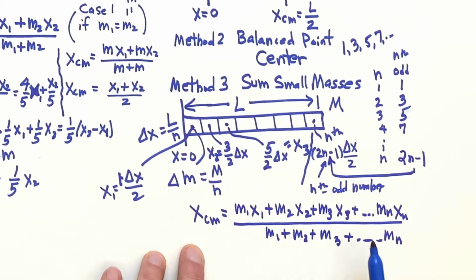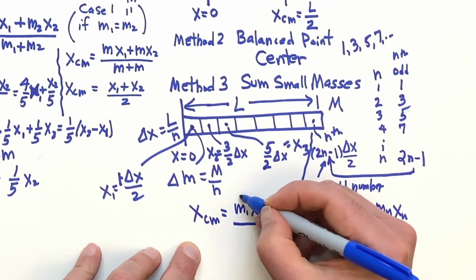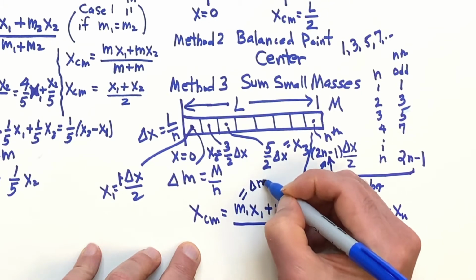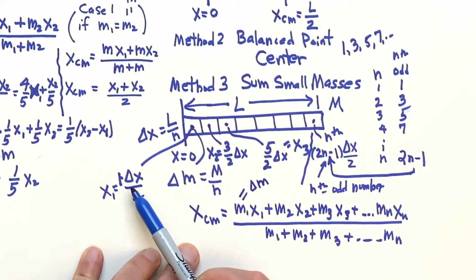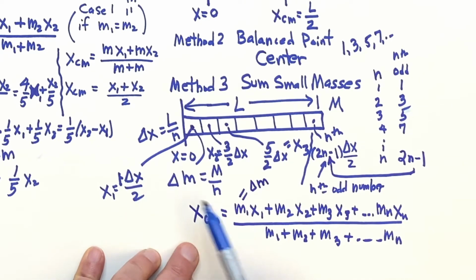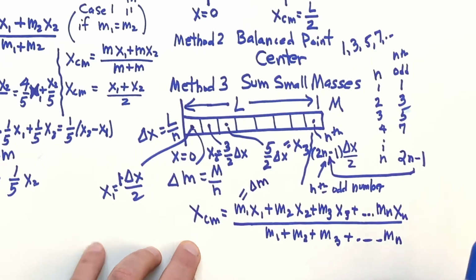So that's the formula. Now, the neat thing is that all the m's are going to be delta m because they're all the same. And then the x's, I can replace here. I have a 1 delta x over 2, and then a 3 over 2 delta x, and so on.